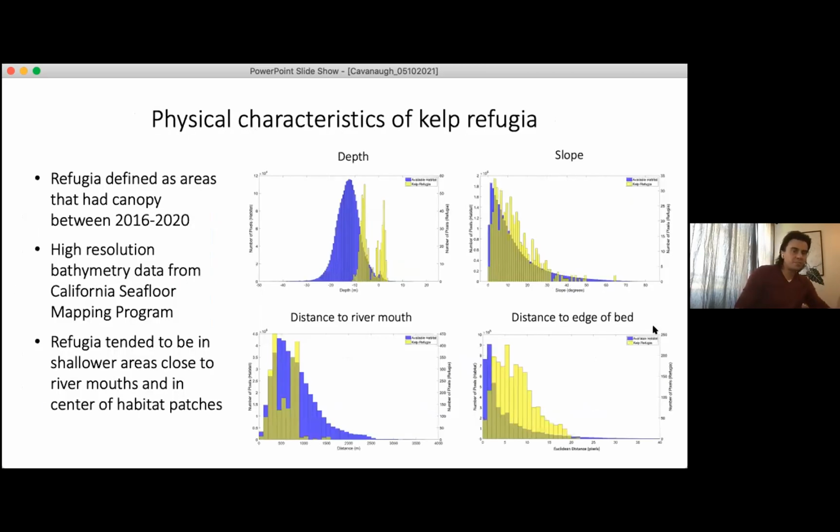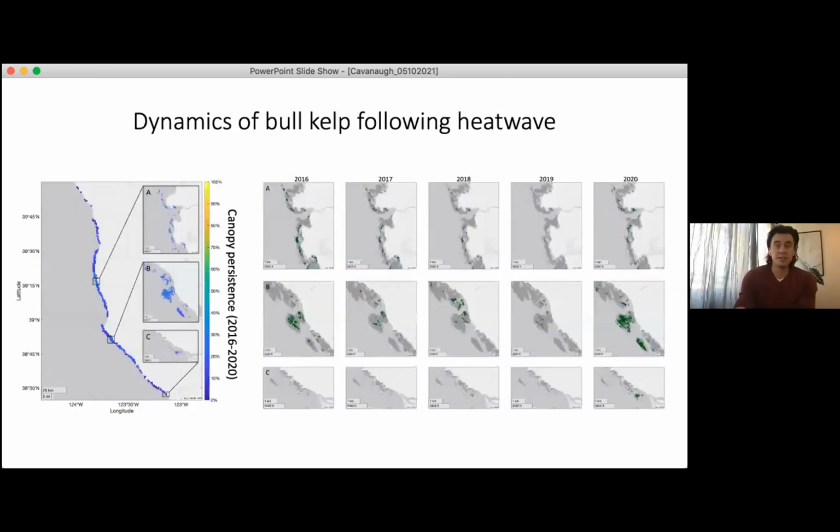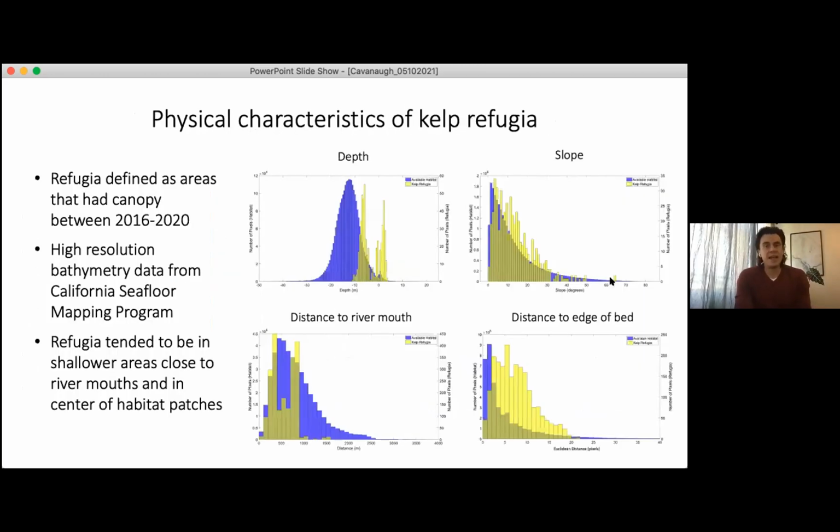What we're doing, and this is very preliminary, is what Kate's doing: trying to identify some of the characteristics of these refugia, these areas that were able to persist, these areas that were green in all of these images, and comparing the characteristics in terms of depth and slope, distance to river mouths, and distance to the edge of a kelp forest.